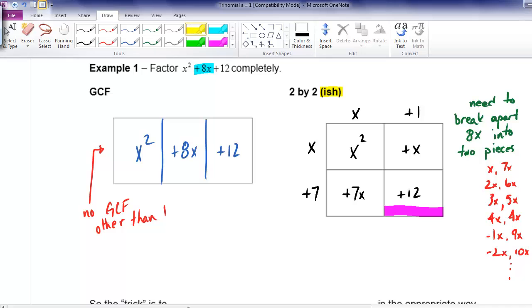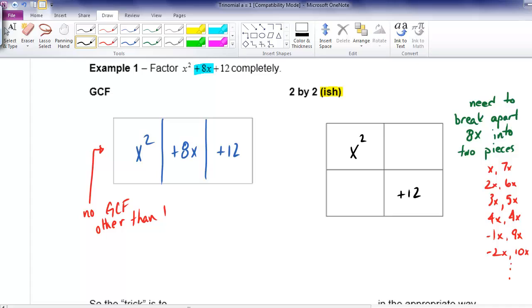And if we use our last little box as a check, it turns out that 1 times 7 is not 12. Now what this tells me pictorially is I've chosen the wrong way of breaking apart 8x. 8x is equal to 1x plus 7x, but it will not give us the correct dimensions for this trinomial.